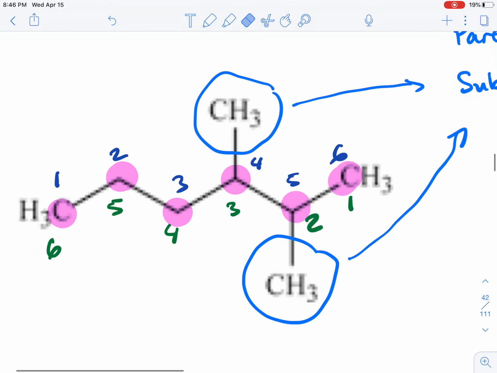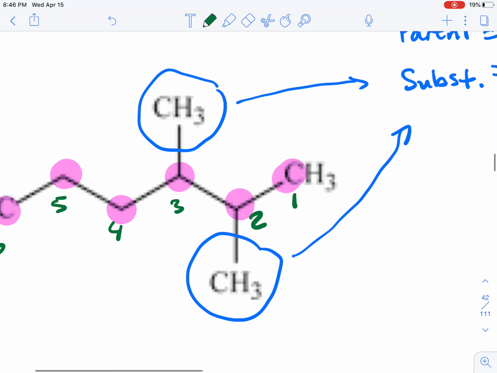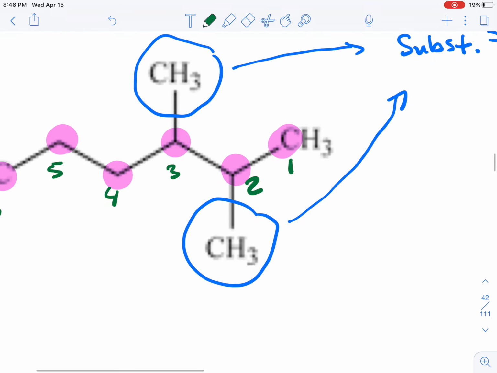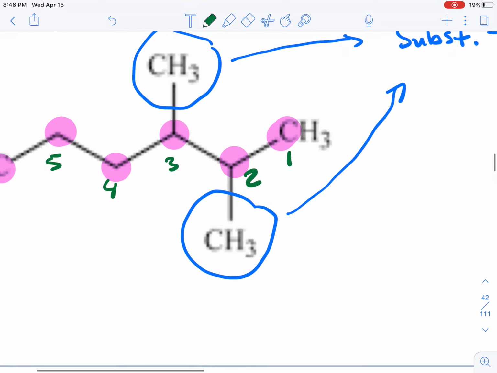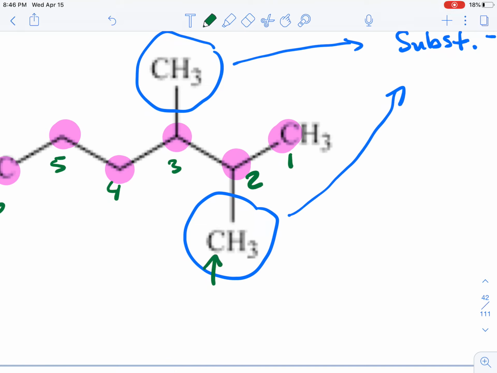So that tells me that in this scenario, if I number my carbons from right to left, it will give me the correct numbering system for this organic compound. And so since this methyl group, since this substituent is 1 carbon, it's going to be methyl.